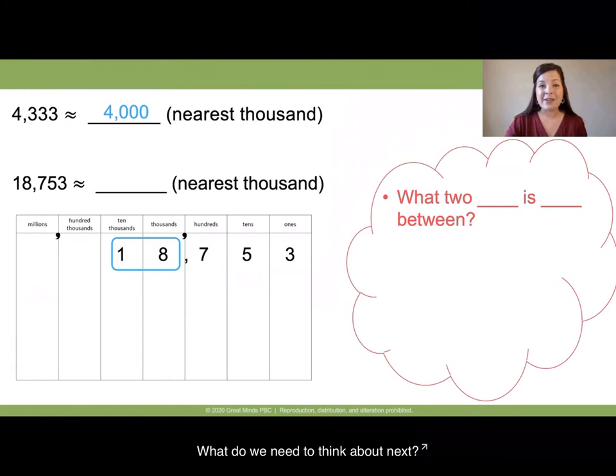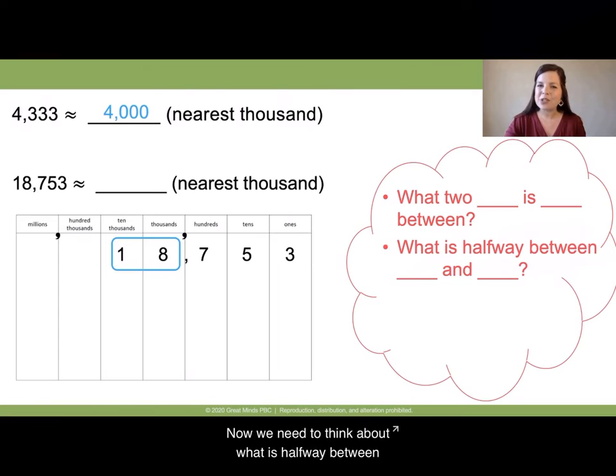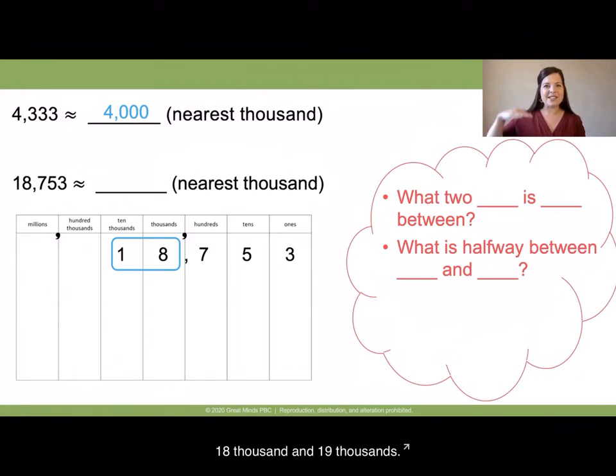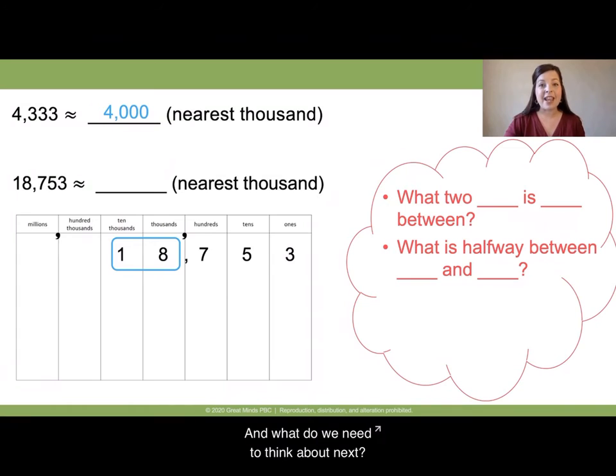What do we need to think about next? Now we need to think about what is halfway between 18 thousands and 19 thousands. Halfway between 18 thousands and 19 thousands would be 18,500. And what do we need to think about next?